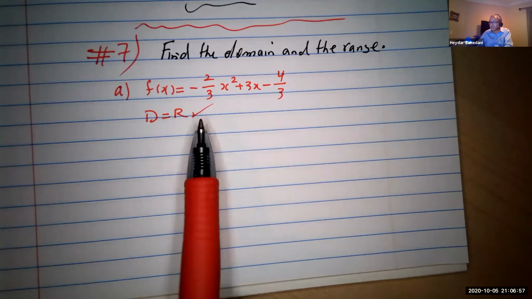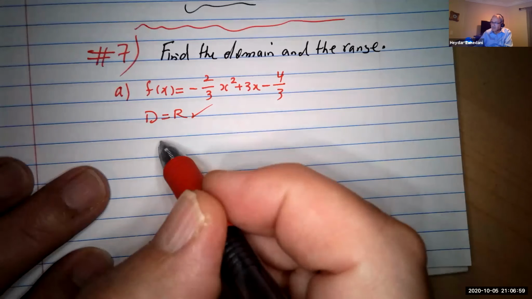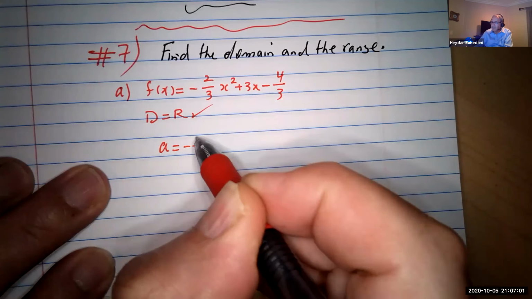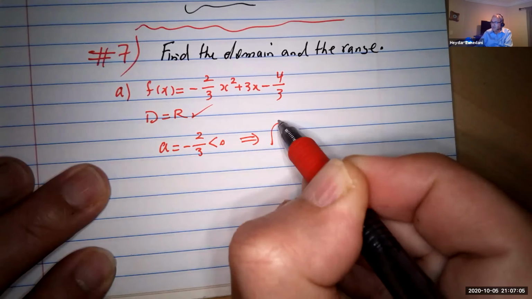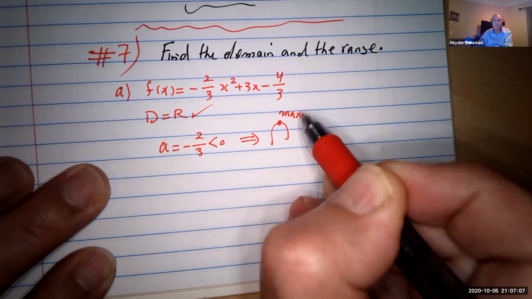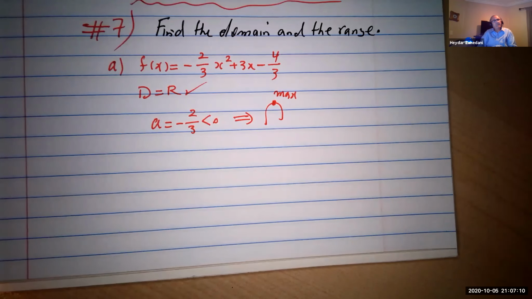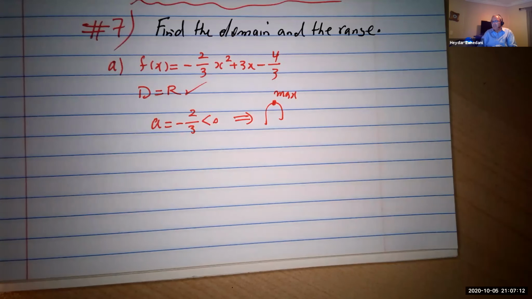So you estimate it first. -2/3 is negative. Negative means down, so you're going to have a maximum. So you find the vertex. The y value of the vertex gives you the largest value, the maximum.